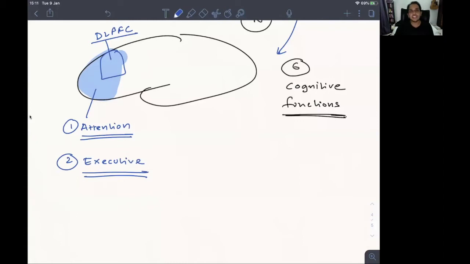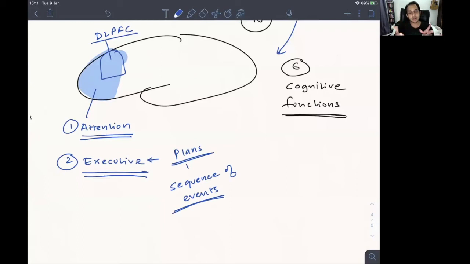Now, suppose your attention is intact, you are paying attention, you do know what you want to do. Then you can have executive dysfunction. Executive is all about plans, and it is about sequence of events. Again, suppose you are making chai, you need to know what comes first. Do you put water first, or the tea powder first, or the kettle first on top of the stove?